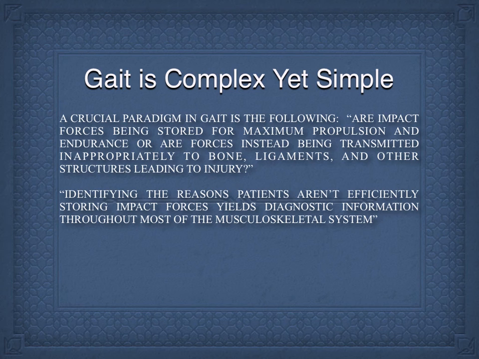And this is a critical concept, and also critical is if patients aren't using them efficiently, why do they have inversion of the foot or supination? Why, when they do a single knee squat, does their knee come directly to the midline?